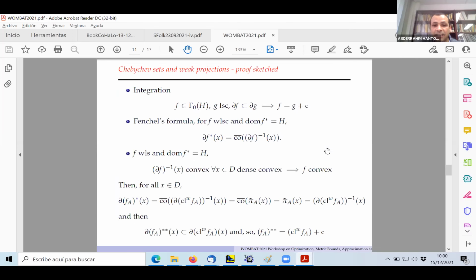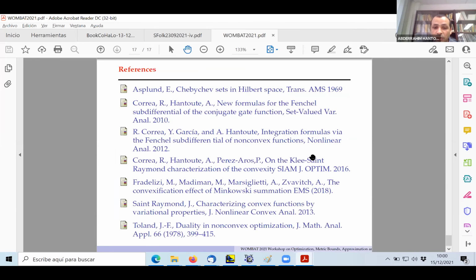Actually, all that concerns this measurement function can be found, for instance, in this survey paper. It is a nice paper, but these authors are from the community of convex geometry, so you will not find there the part of variational analysis.